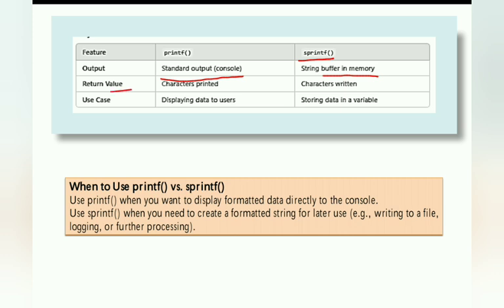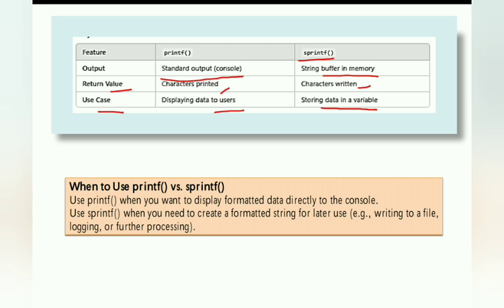Here, with printf the characters will be printed on the screen, and with sprintf the characters will be written to the buffer. So the use case is displaying data to users versus storing data in a particular variable, that is, the buffer variable. If you want to store some data, then we use sprintf. Otherwise, if you want to print the statement to the output screen, then we use printf.